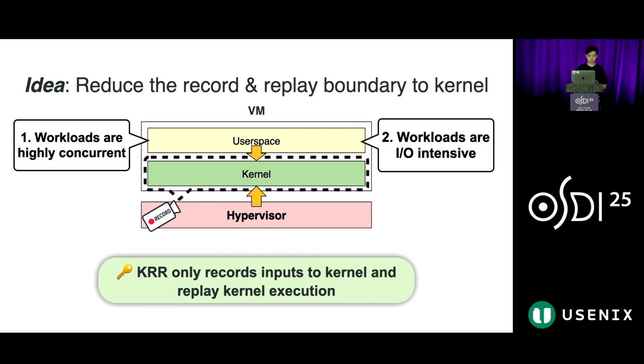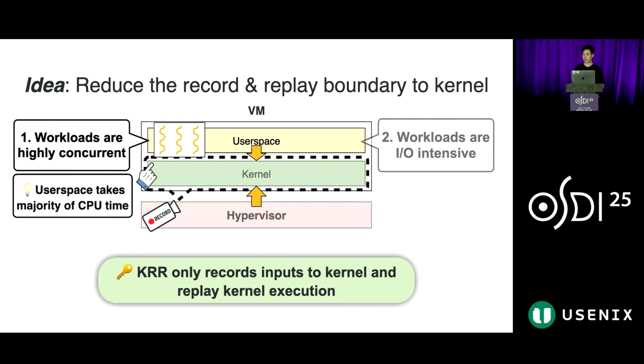Firstly, for concurrent workloads, even though the kernel is complex, it's usually not the most often running code on a given core. In many workloads, the user space takes the majority of the CPU time. By reducing the boundary to the kernel, we don't have to record the user space concurrency non-determinism.